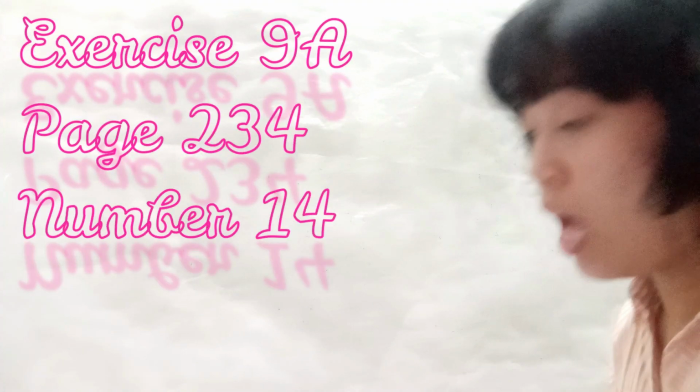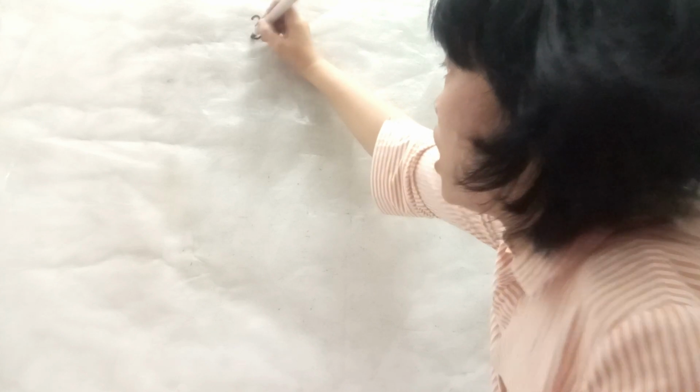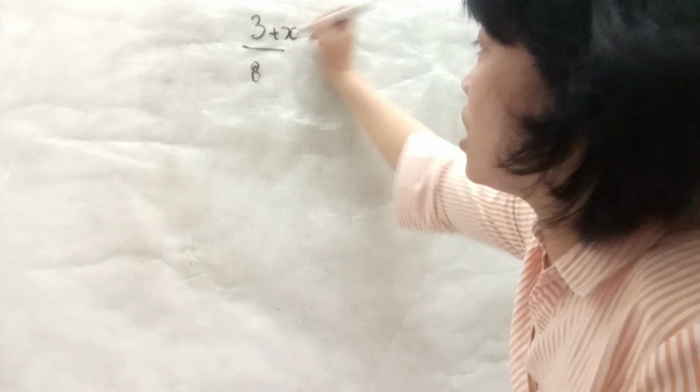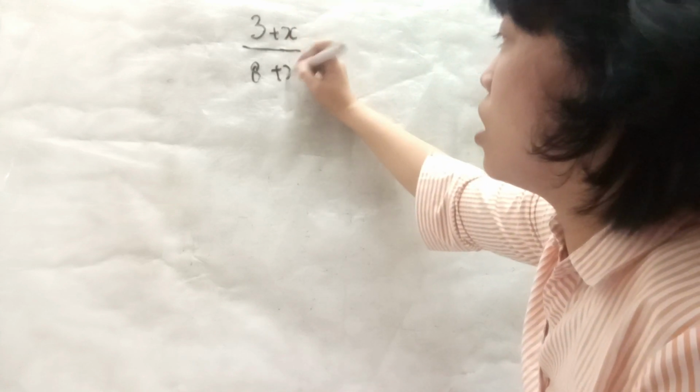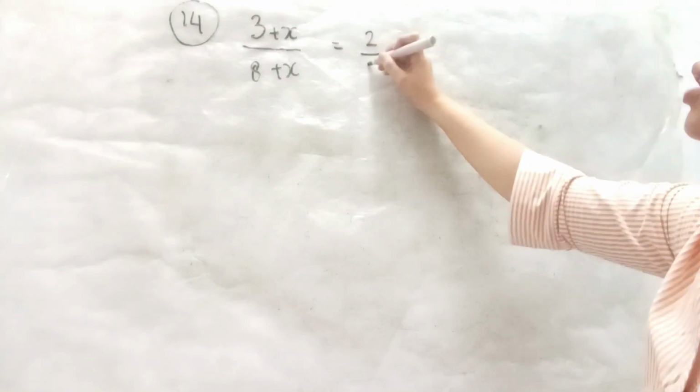Number 14. Find the number that must be added to 3 and 8 so that the ratio of the first number to the second number becomes 2 to 3. So there are two numbers, 3 and 8. We want to add a number, just say that is x. So the ratio later will become 2 to 3.